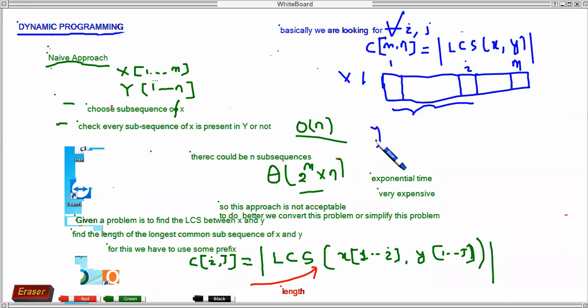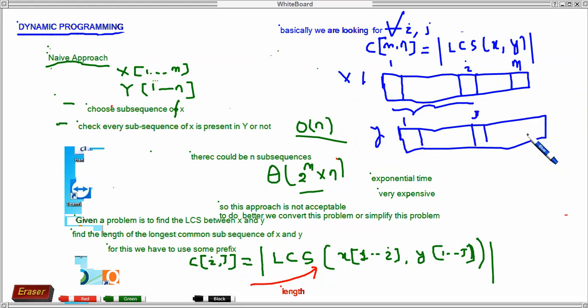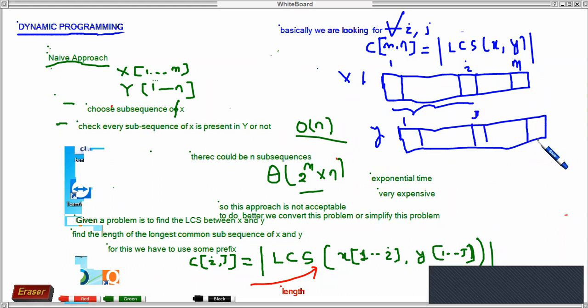Similarly, there is also a sequence y that starts from 1, and somewhere is j, and it goes up to n. We are looking at this, so we have to find it.